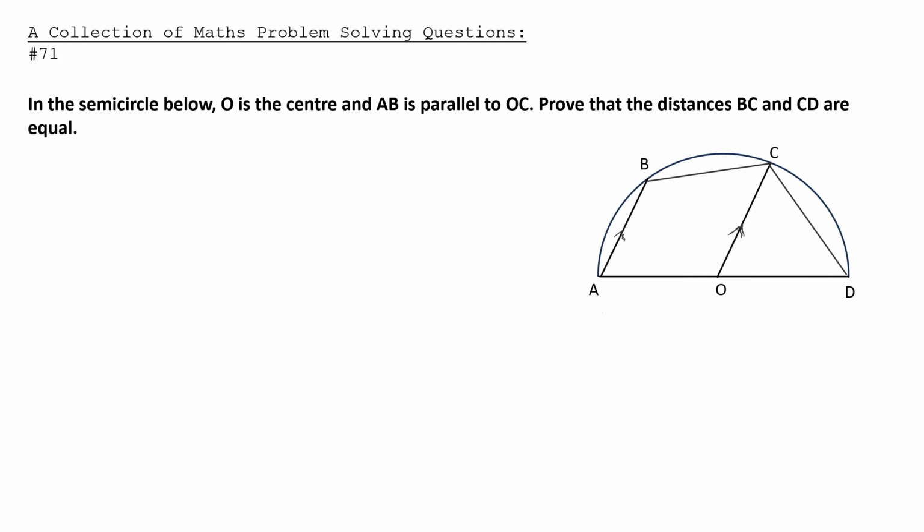And we have to prove that BC equals CD. So to start the proof, we see that OCD is a triangle.